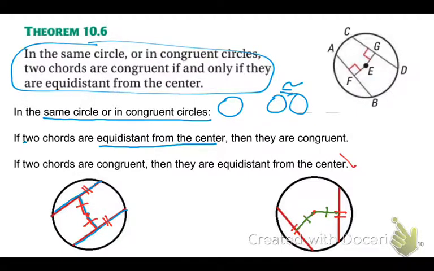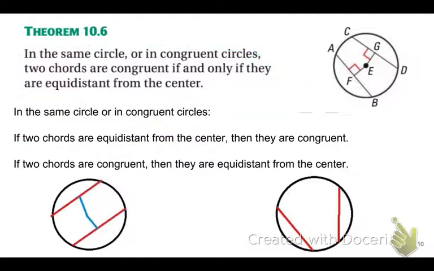So we kind of get two theorems in one on this one. On the first one, if two chords are equidistant from the center, then they are congruent. If two chords are congruent, like in the circle on the right, then they are equidistant from the center.